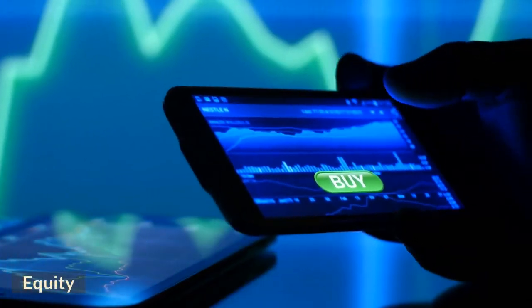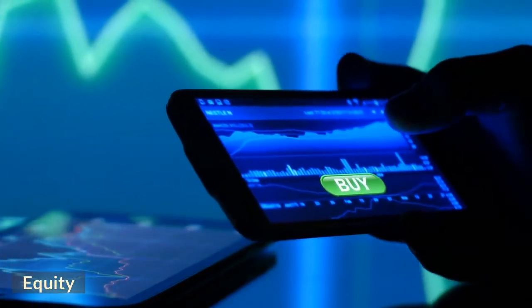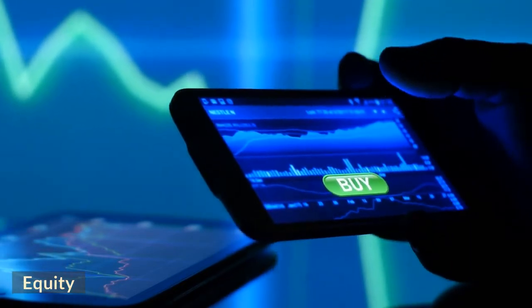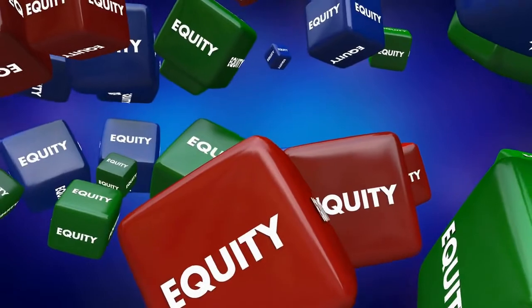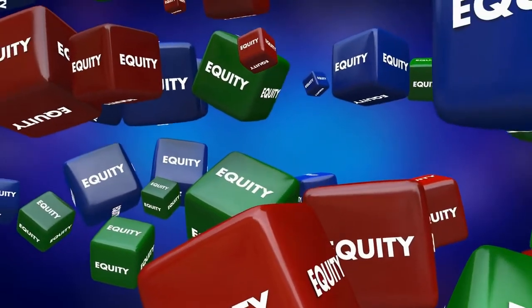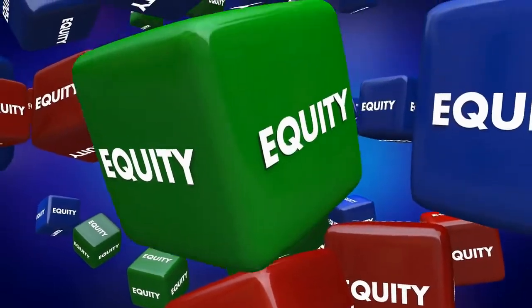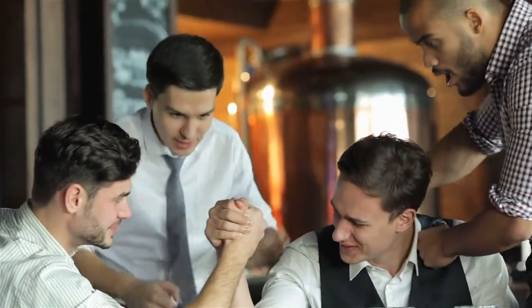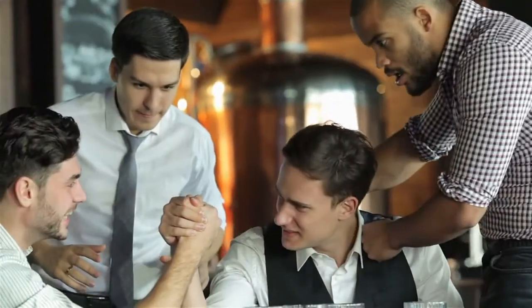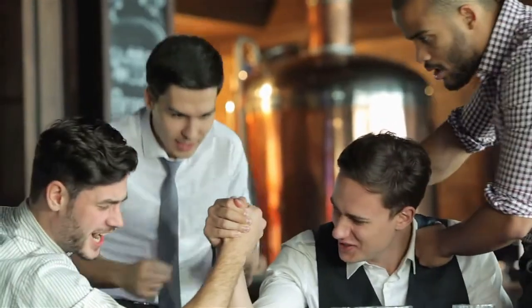Number 3. Equity. Equity is the sum of money that a business founder has invested in or owns. A company's equity is represented on its balance sheet by the difference between its assets and liabilities. The equity value is calculated using the share price or the value decided upon by investors or valuation specialists.